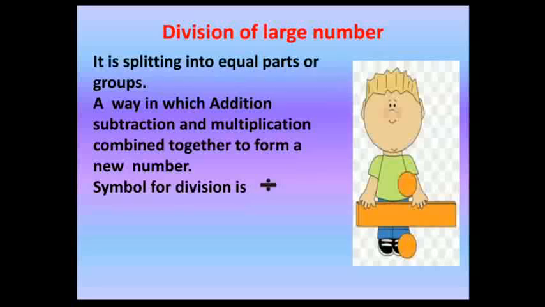There are some parts of division: the dividend, the number which is going to be divided; the divisor, the number by which we are going to divide; the result is called the quotient; and the number which is left over is known as the remainder.